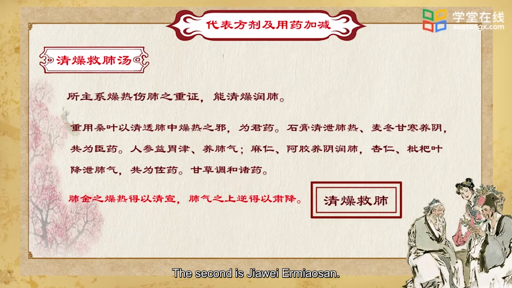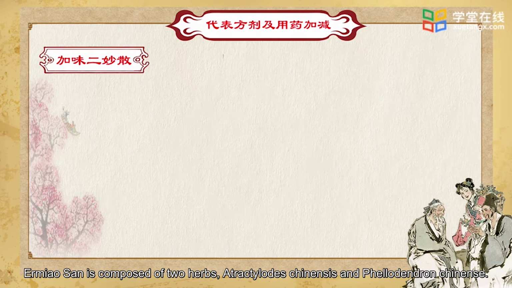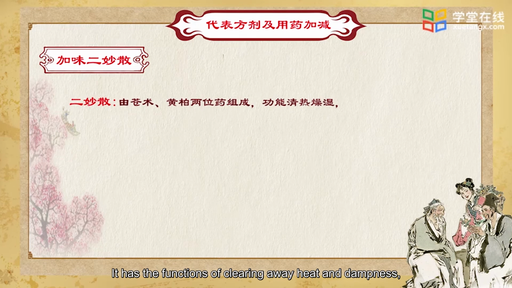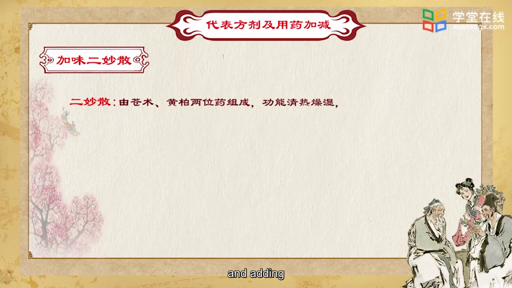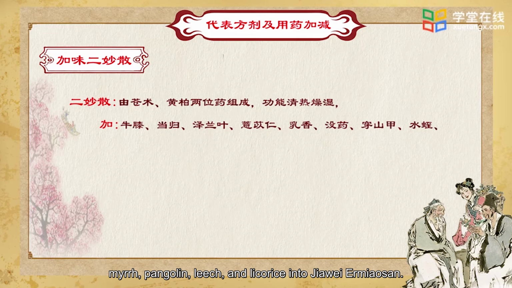The second is 加味二妙散. 二妙散 is composed of two herbs, 苍术 and 黄柏. It has the functions of clearing away heat and dampness, and adding 牛膝、当归、泽兰叶、薏仁、乳香、没药、穿山甲、水蛭、甘草 makes 加味二妙散.